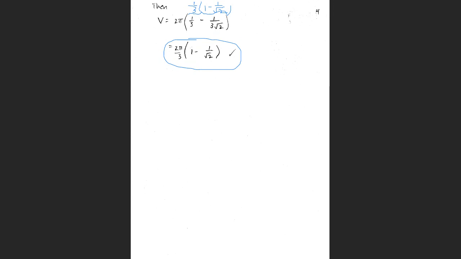And in terms of economics, if this were the volume of an ice cream cone that a company's selling, don't you think they'd want to know the very exact volume as opposed to an approximation?